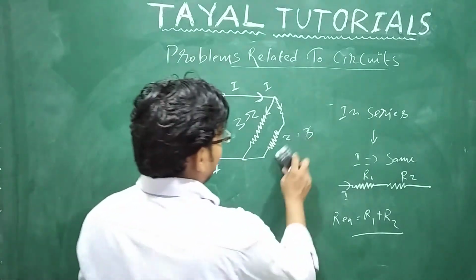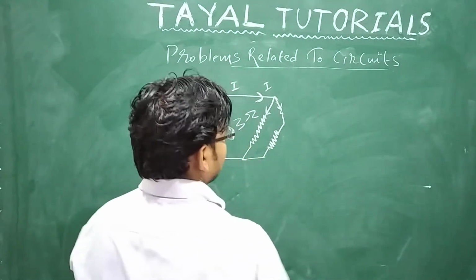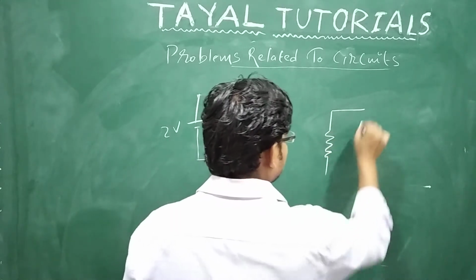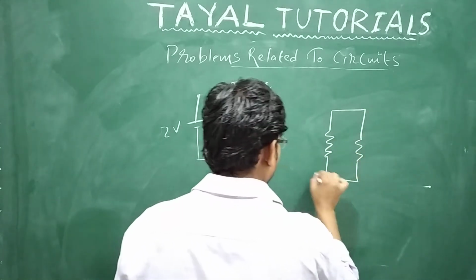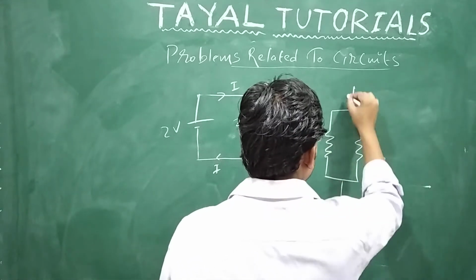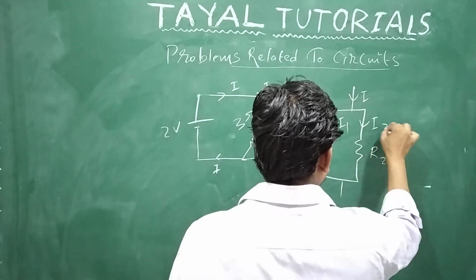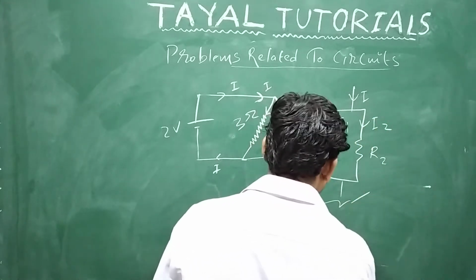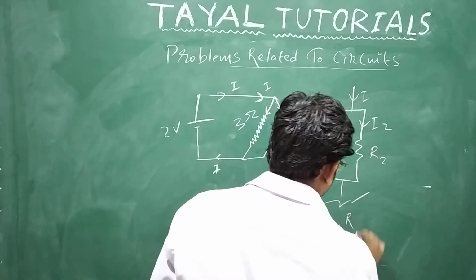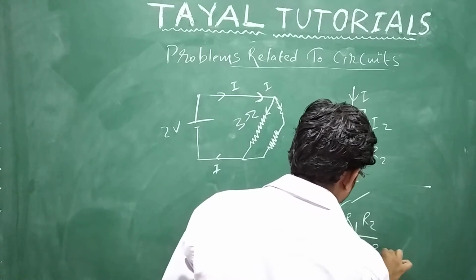I am writing the equivalent of these two resistances, and for the student who has not attended the class, for an idea, just see R1, R2, let's say current I is coming, I1 is in this, I2 is in this. If I want to get the R equivalent of these two, we will have R1 into R2 divided by R1 plus R2.